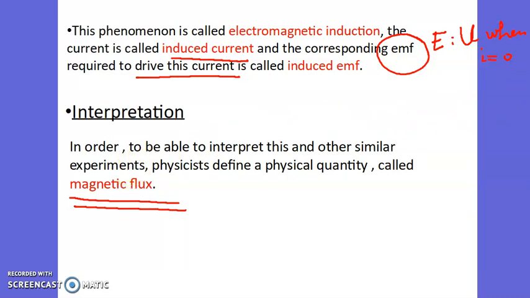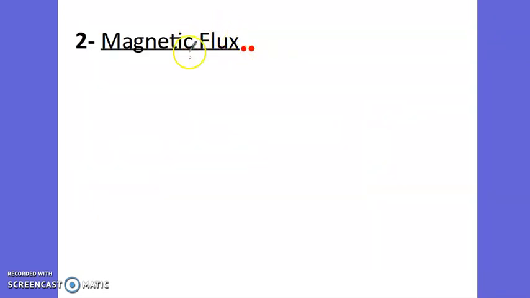Before I explain the magnetic flux, let me explain the concept of flux in general. What does flux mean? In reality, flux is something or any material crossing a certain area. Okay? Like, for example, water falling out of the tap, this is called flux of water.